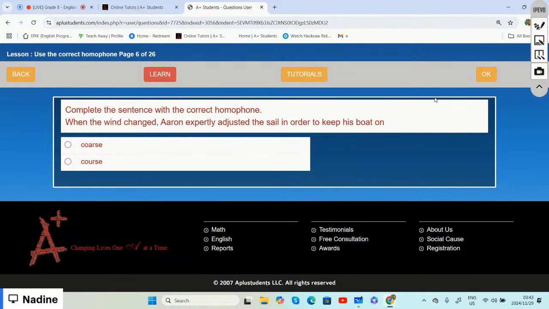So when the wind changed, Aaron expertly adjusted the sail in order to keep his boat on course. Is it coarse, option one, or course, option two?